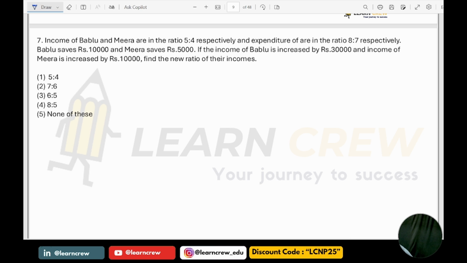Incomes of Bablu and Meera are in the ratio 5:4 respectively, and their expenses are in the ratio 8:7 respectively. Bablu saves 10,000 rupees and Meera saves 5,000 rupees. If the income of Bablu is increased by 30,000 and the income of Meera is increased by 10,000, find the new ratio of their savings. So here, please see here.